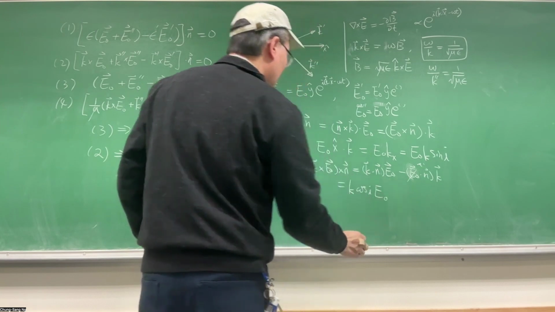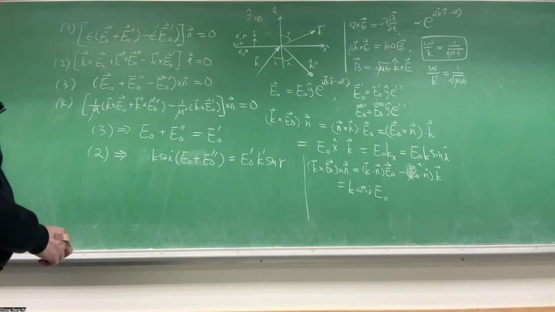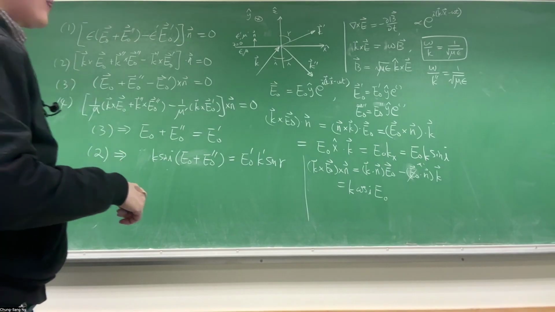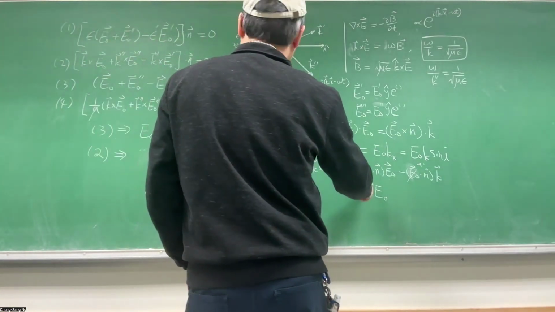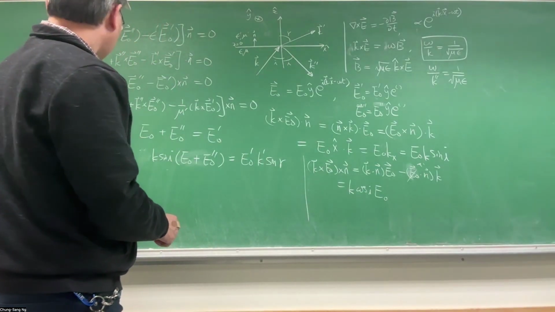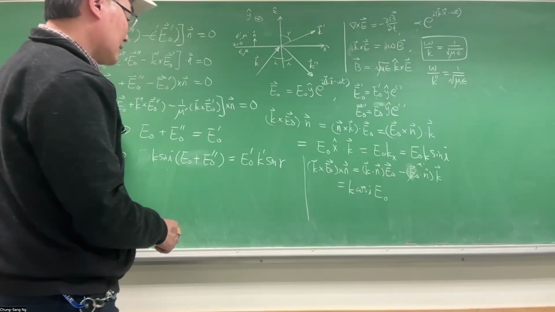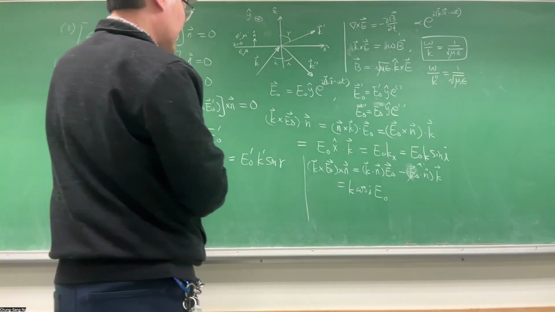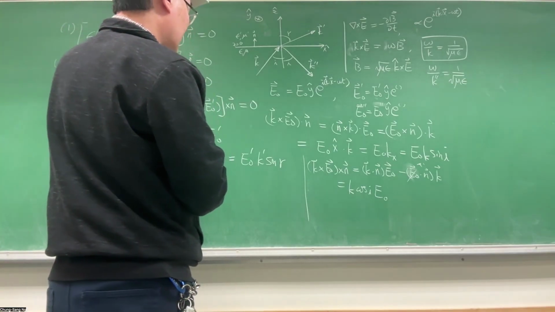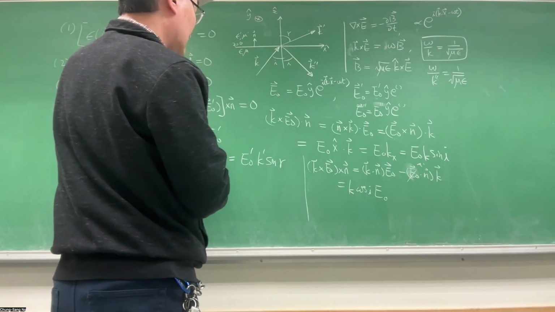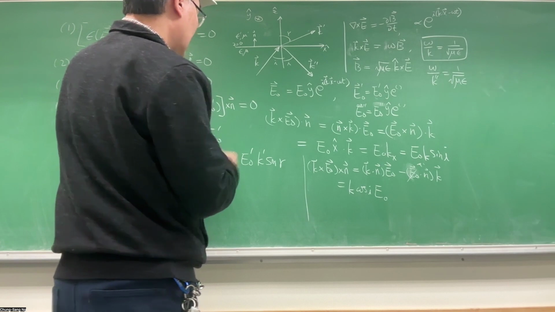Easy. And the other one will give you, I mean, you divide it by mu also. Divided by mu. And this one is actually the same. Let's see.